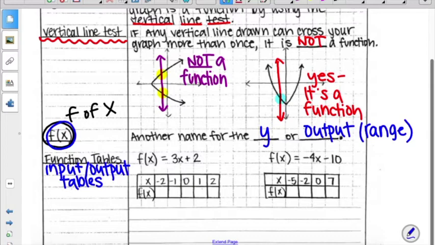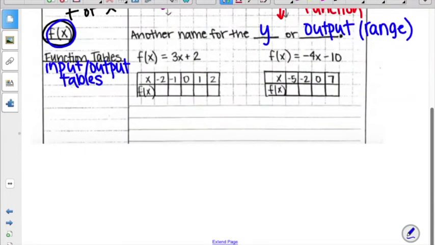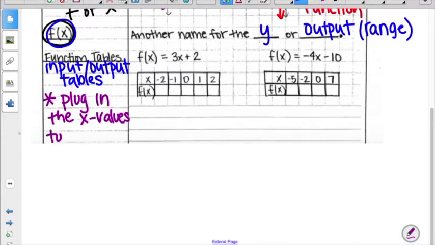So what you do is you plug in the x values to get f of x. So we're going to complete the table. There are 2 tables here.